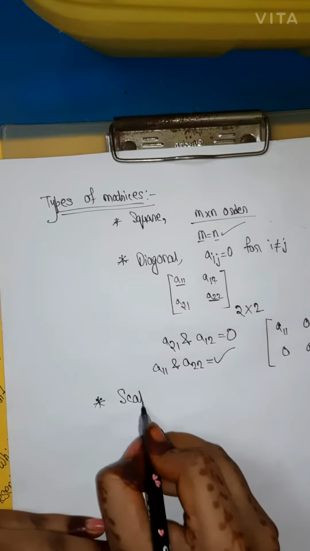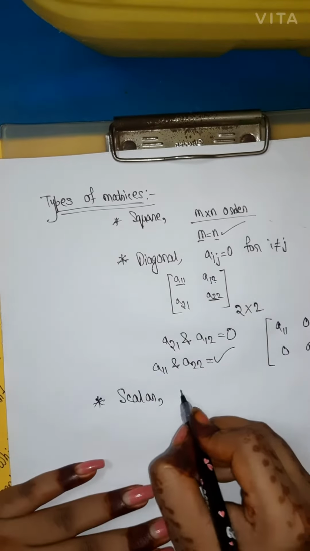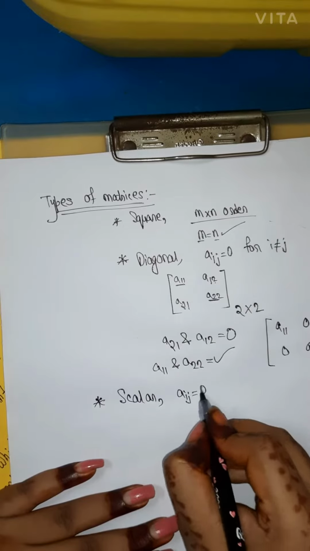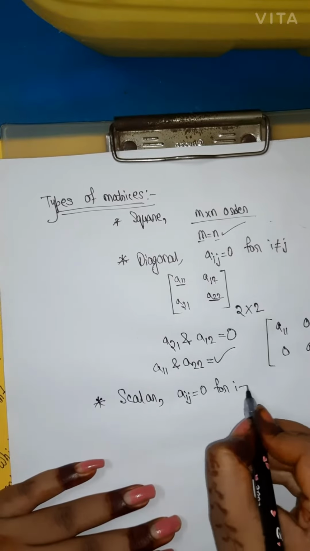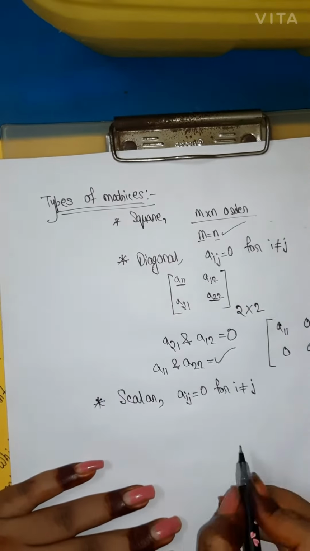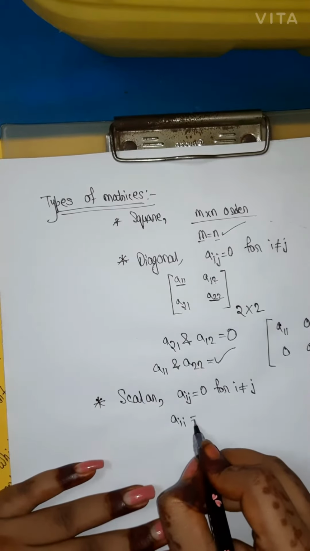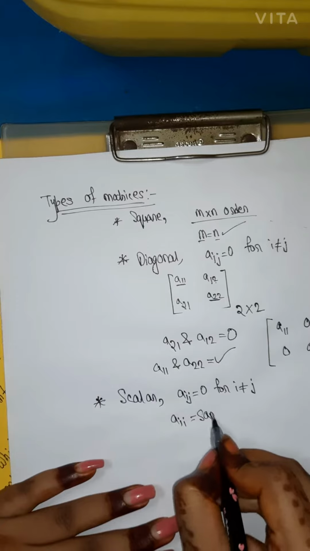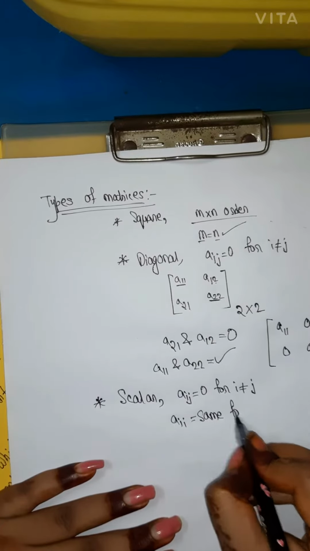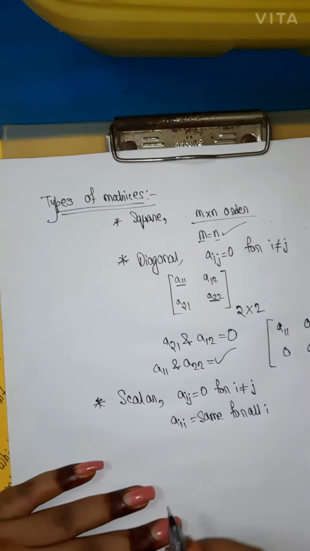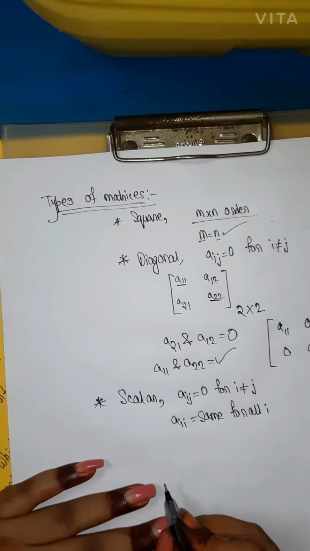Great. Now we will have the scalar matrix. What do you mean by scalar matrix? Aij equal to 0 for i not equal to j, the same condition, but Aii is the same for all i. What do you mean by this?